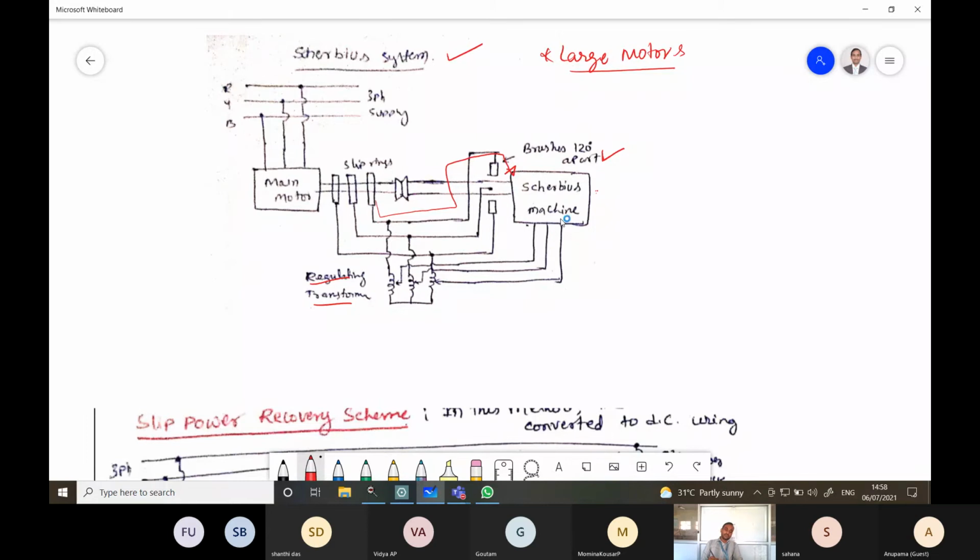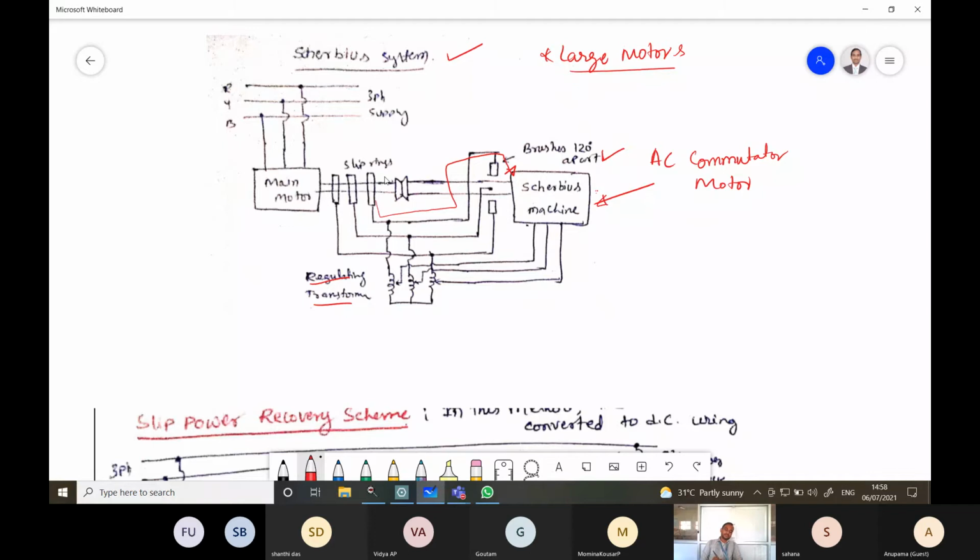So after that, what happens? A three-phase Scherbius special type of machine, the commutator machine called the Scherbius machine. The AC commutator motor is especially used here as the Scherbius machine.